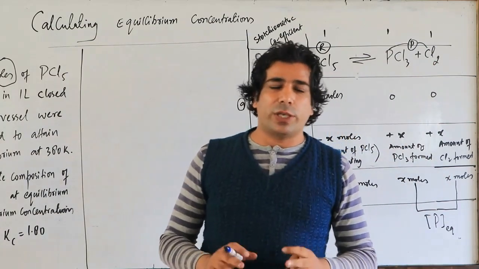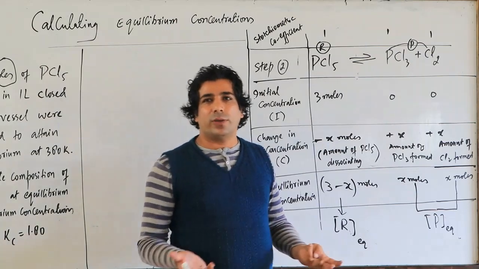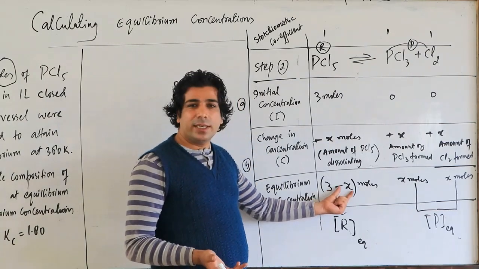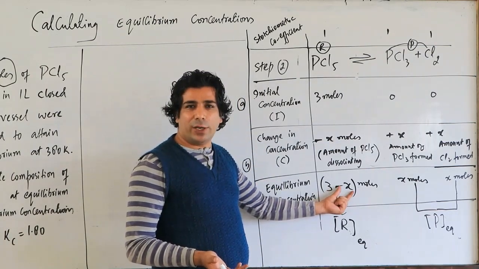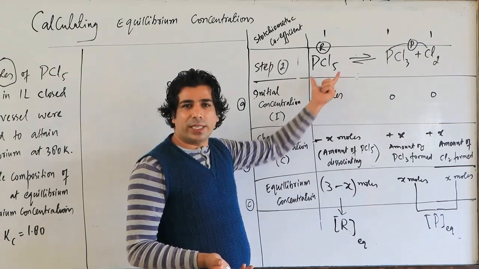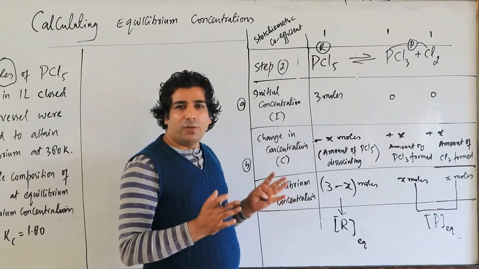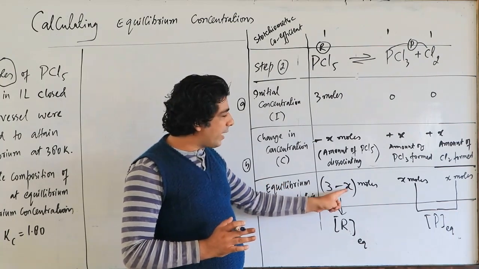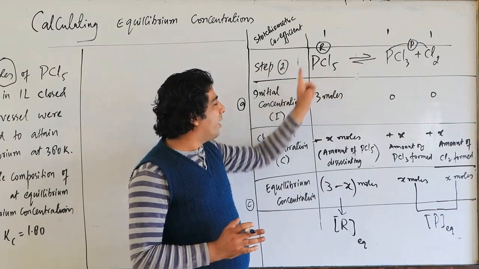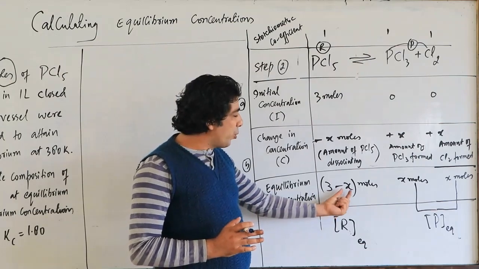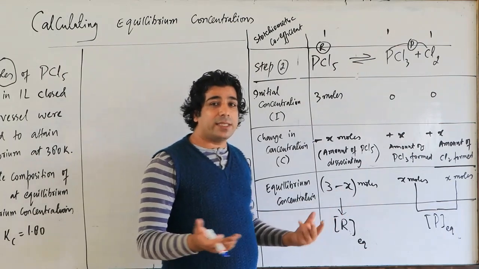But now there's a question, what is this X all about? If we get this X, then we can get the exact value of PCl5 concentration at equilibrium. So first of all, our work will be to find out what this X is. We know that PCl5 is 3 minus X, but we don't know what X is. X is unknown.